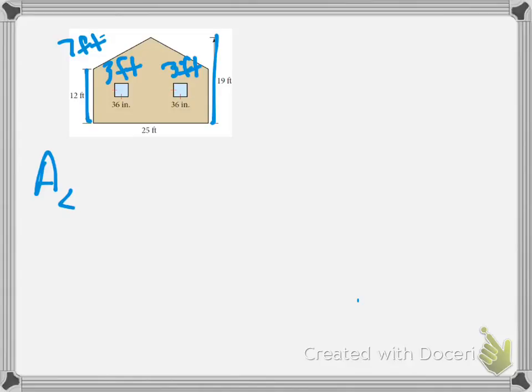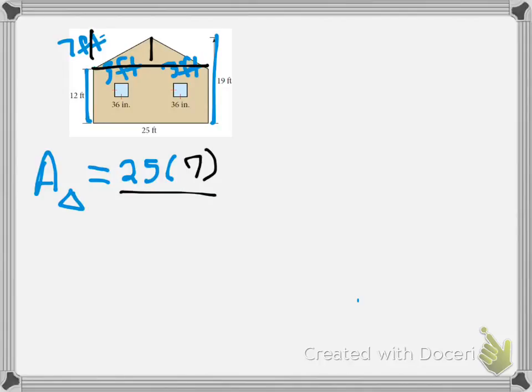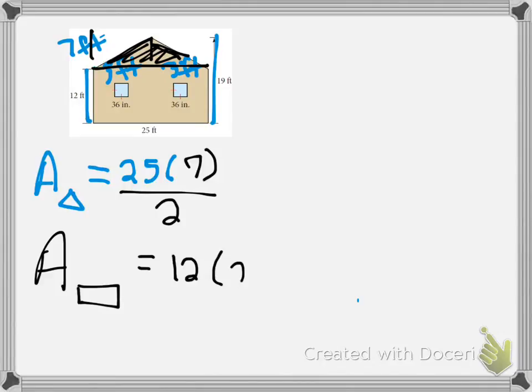So the area of the triangle is base times height divided by 2. So it's 25 for the base, and the height was 7 divided by 2 for the area of this triangle. And the area of the rectangle is length times width, 12 times 25.